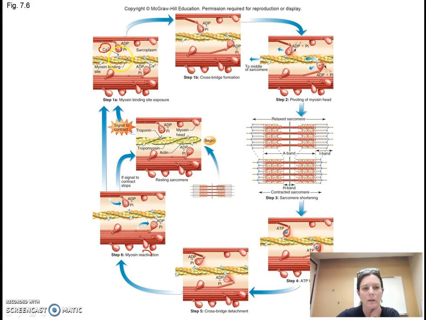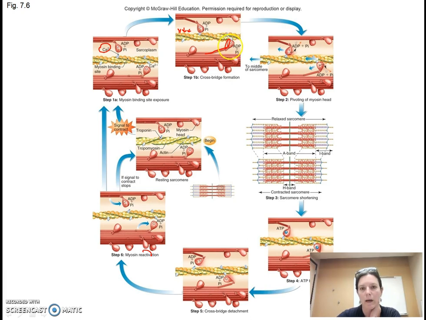Remember, that calcium binds onto the thin filament, and when it does that, it causes the thin filament to shift in a particular way that exposes the binding sites for the myosin heads on the thin filament. So as soon as that thin filament shifts, particularly the green line here, which is called the tropomyosin, this myosin head binds to that binding site on actin.